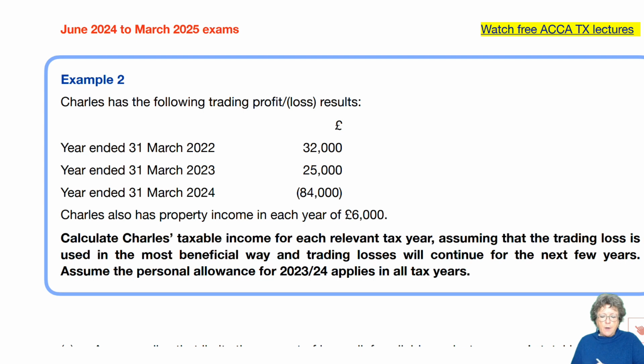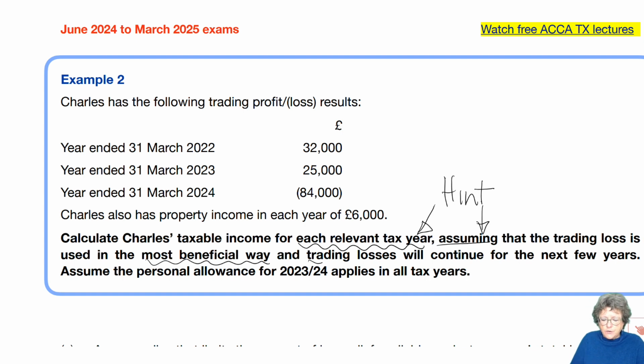So the requirements say, and always read them very carefully, calculate Charles's taxable income for each relevant tax year. That is a hint. Make sure you tell the examiner which one you're dealing with. Assuming, and again, this is another hint, that the trading loss is used in the most beneficial way, and that trading losses will continue.